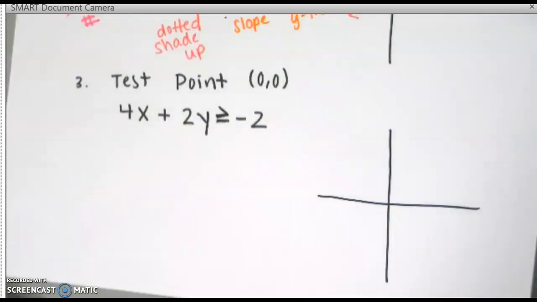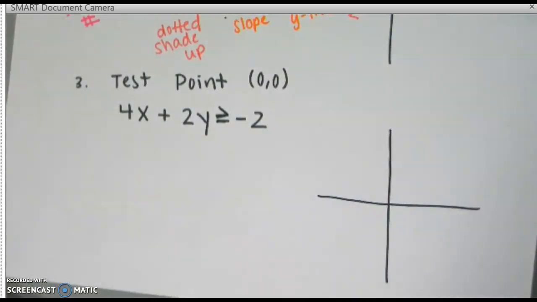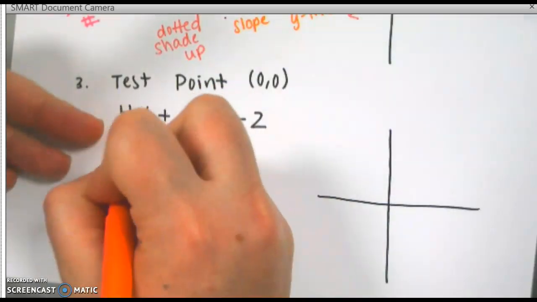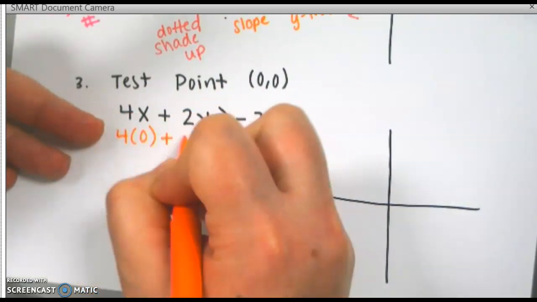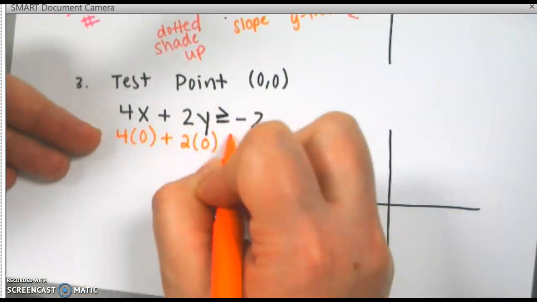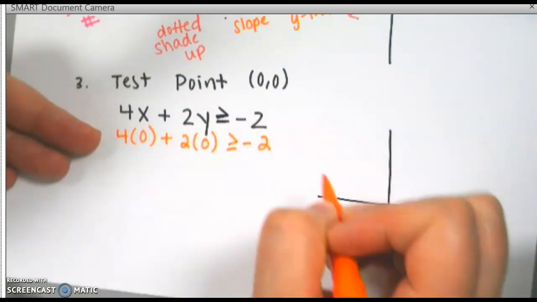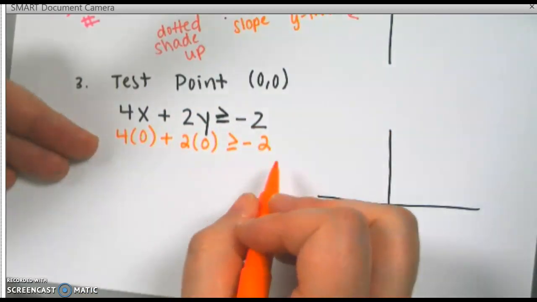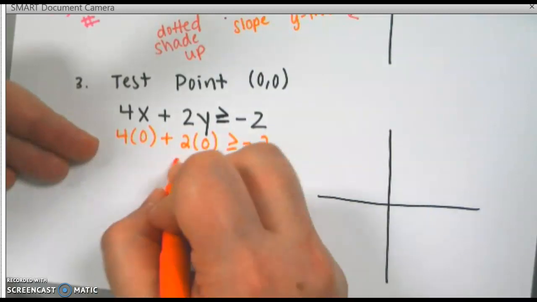Another strategy you can use to find the correct graph is to consider a test point. If I were you, I would just always use 0, 0. It's going to be the easiest one to use. So I'm going to plug in 0 for x and 0 for y. And I want to see true or false. Is this side greater than or equal to negative 2? Well, that whole thing is 0.